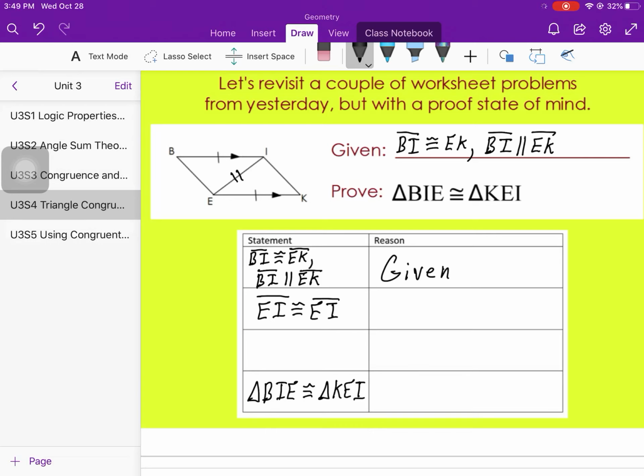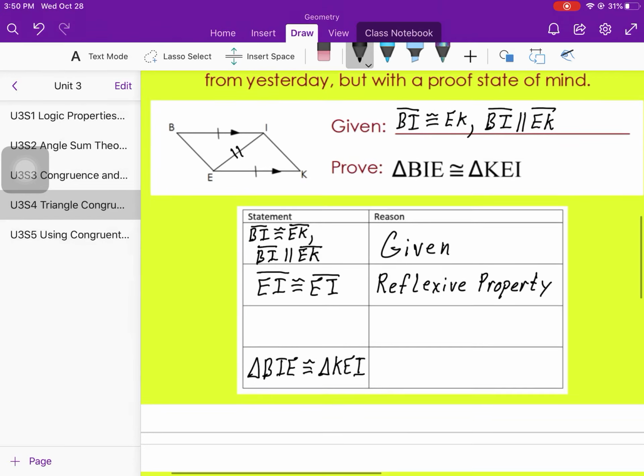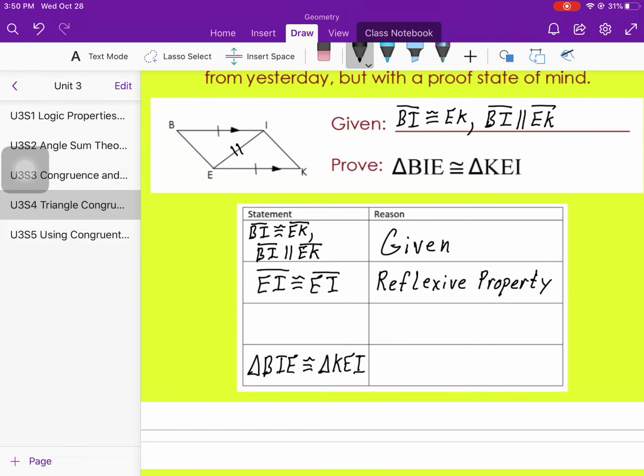Since it's a part of both triangles, we have to recognize that they share it, and therefore it's congruent to itself, and that comes from the reflexive property. And remember, think of reflection when we're talking about the reflexive property. If you look into a mirror, you see yourself.